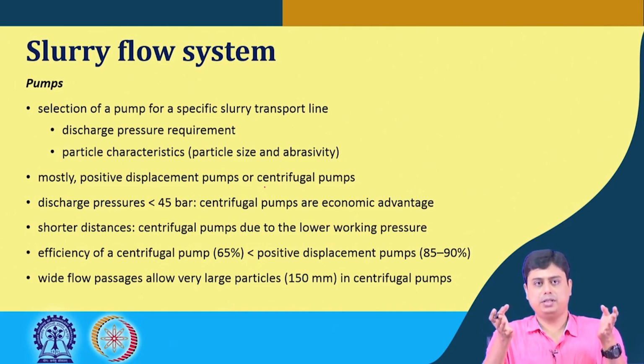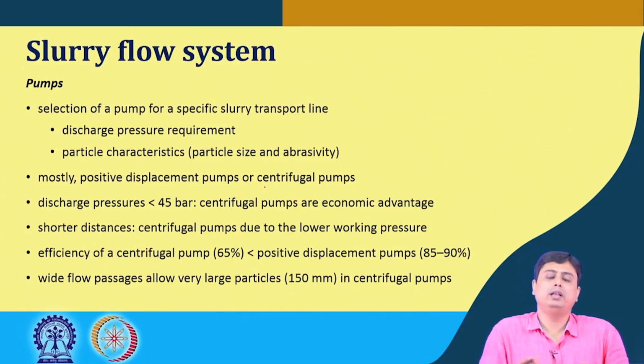If the discharge pressure is less than 40 to 45 bars, then centrifugal pumps are economic for the application. Due to this lower working pressure, centrifugal pumps are applied when there is a shorter distance for the slurry to travel.